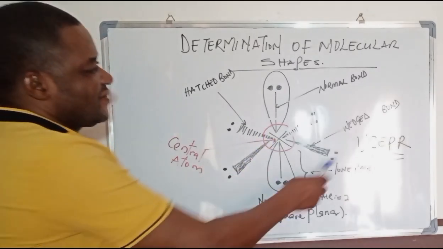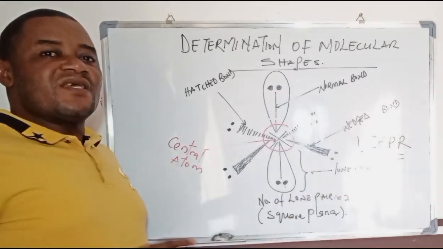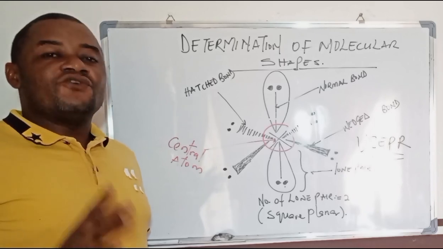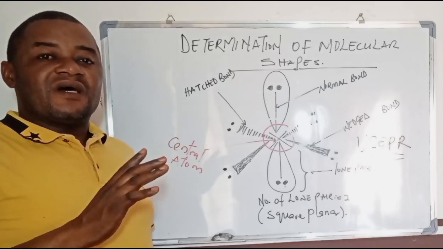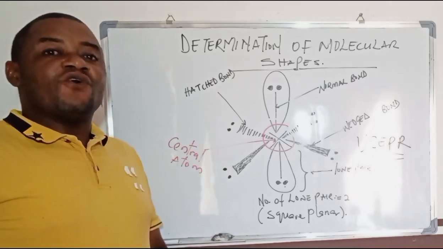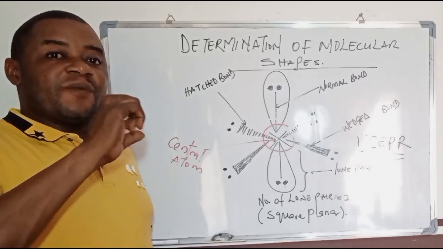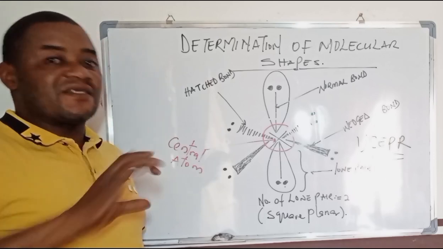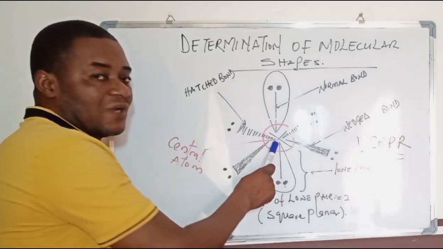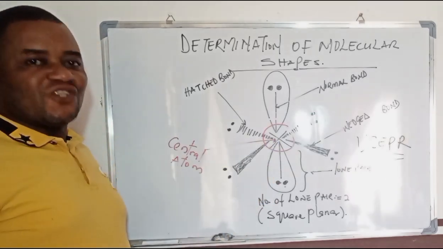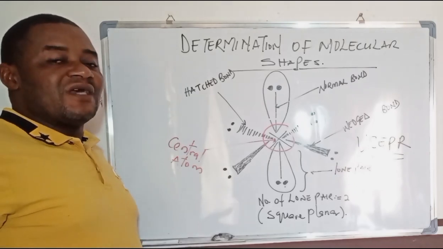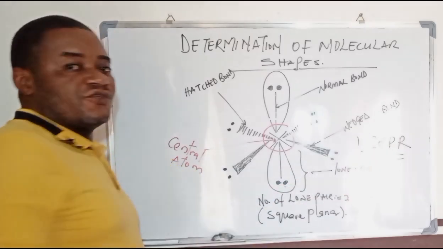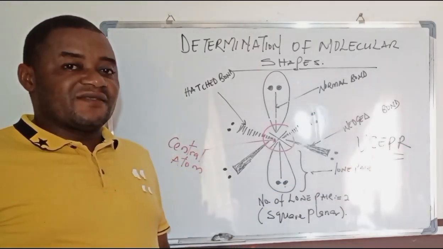So this is the major theory that explains how you can determine the shape of molecules when you are able to count the number of electrons at the valence shell, that is the outermost shell of the central atom. It will be nice if you take a look on your own at what the valence shell electron pair repulsion theory is all about. But briefly, I've said it.